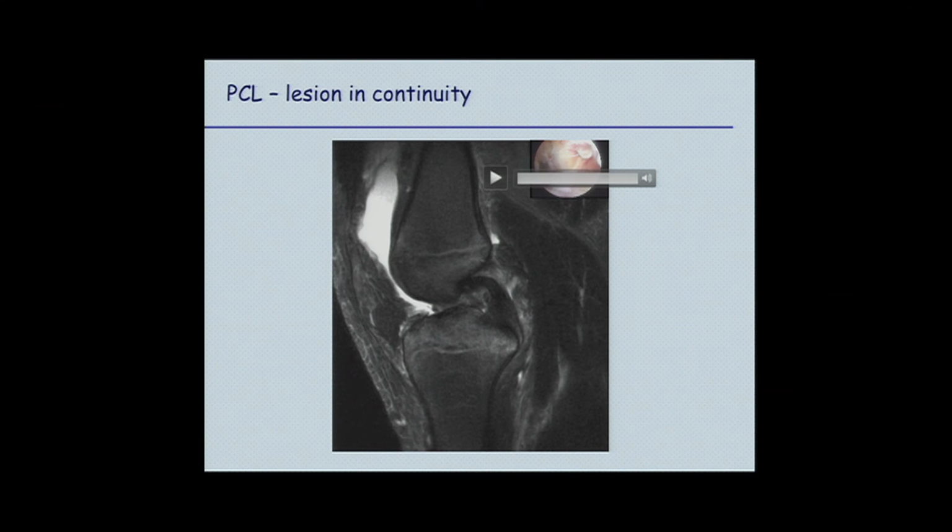This fatty overlying tissue confers some ability for the posterior cruciate ligament to heal. On MRI scan, you get all this shadowing around the PCL, which is where this fatty envelope has been injured. And this is a patient that doesn't necessarily need a reconstruction.